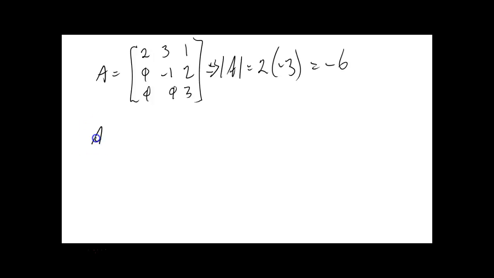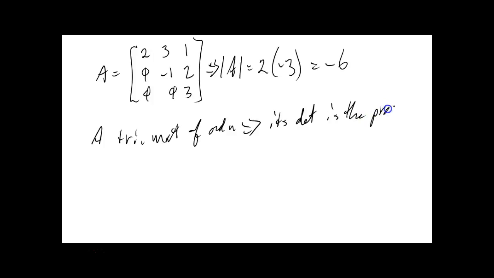If A is a triangular matrix, okay, now that implies it's square, of order n, then its determinant is the product of the entries in the main diagonal.